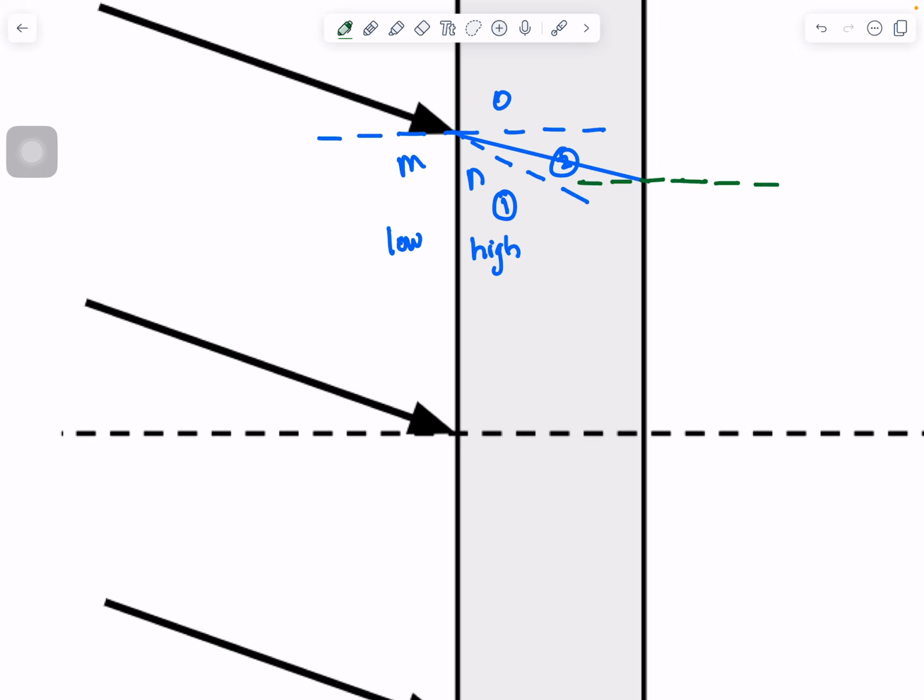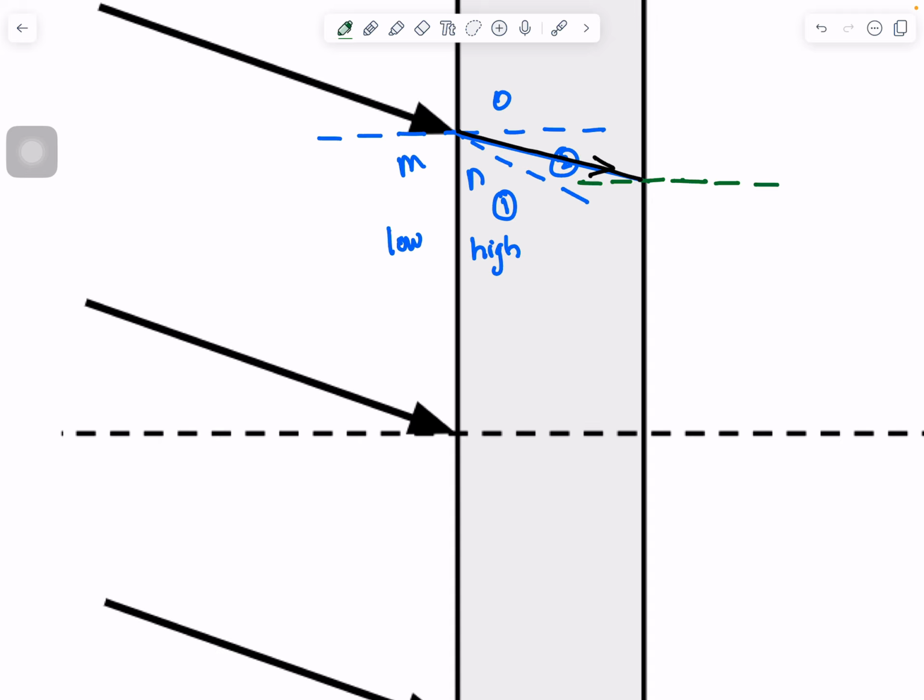Okay. I'm going to make this ray black so we know that that's the light. So that is the light going through. And again, we'll mix it up a little. Oh, I was doing dark green.